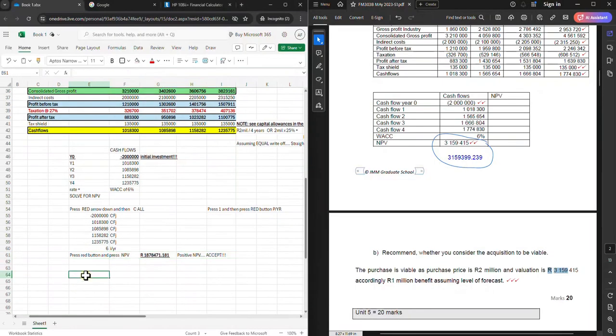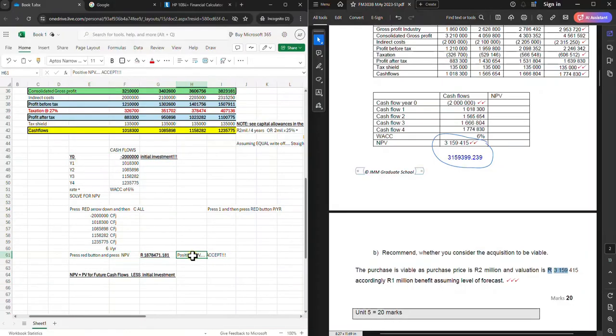NPV, the formula for NPV is the present value for the future cash flows less the initial investment. This is the formula for NPV. NPV already takes the initial investment into consideration.